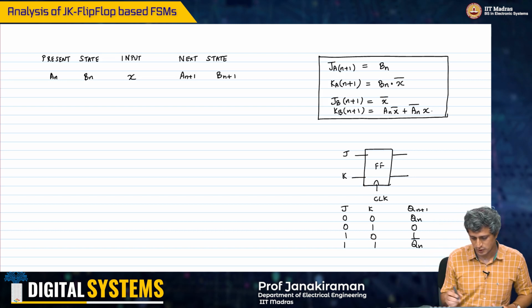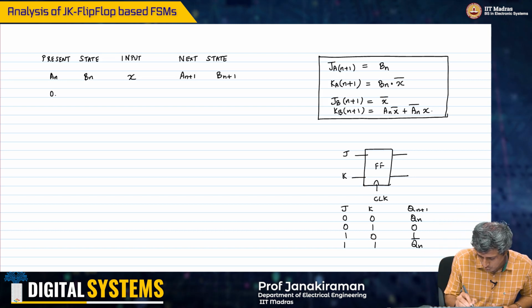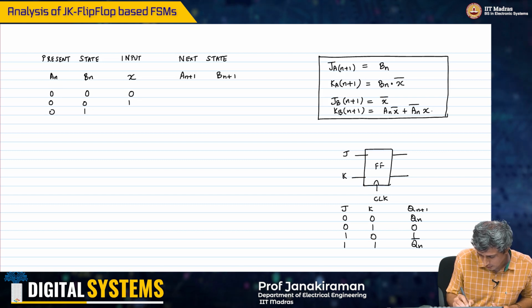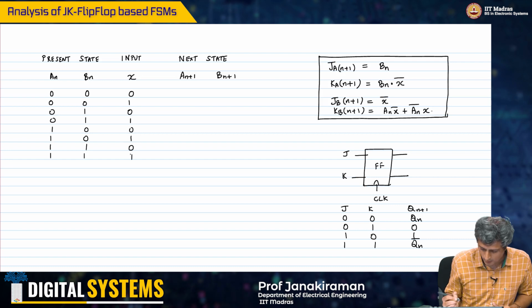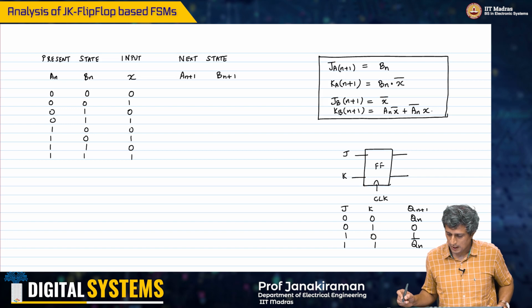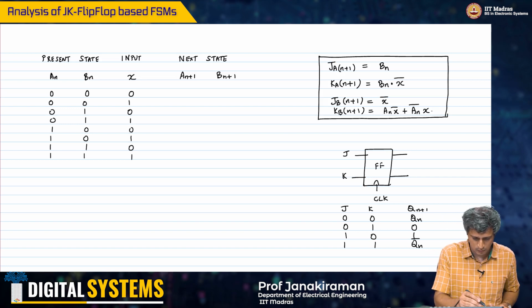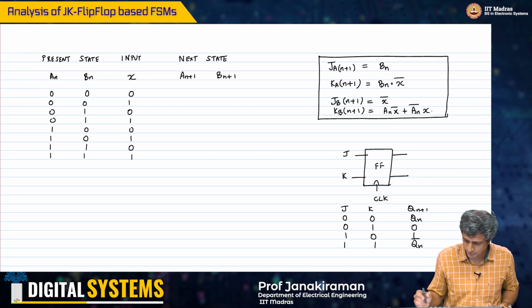In any case, you start here, again go through all 8 combinations: 0 0 0, 0 0 1, 0 1 0, 0 1 1, 1 0 0, 1 0 1, 1 1 0, 1 1 1. And let me just move this below here so that I get some space.